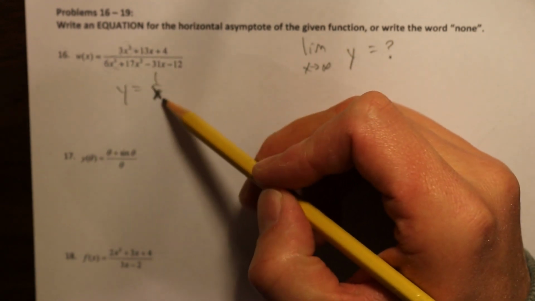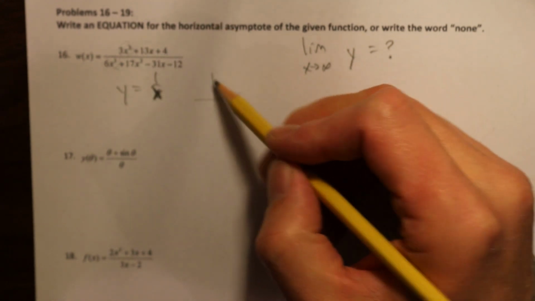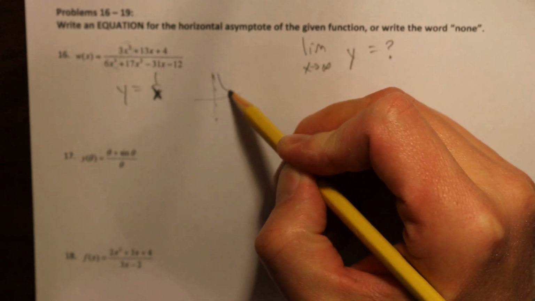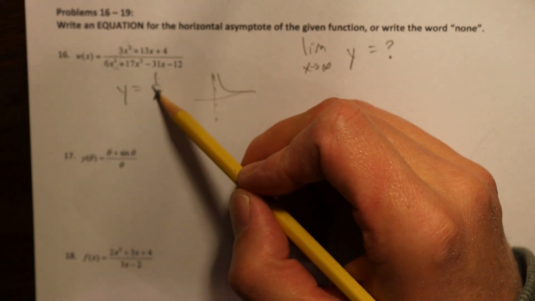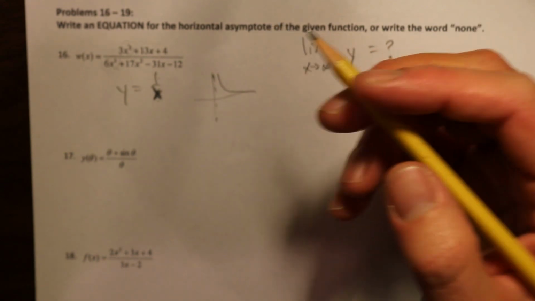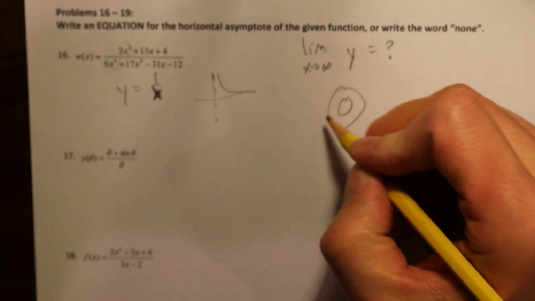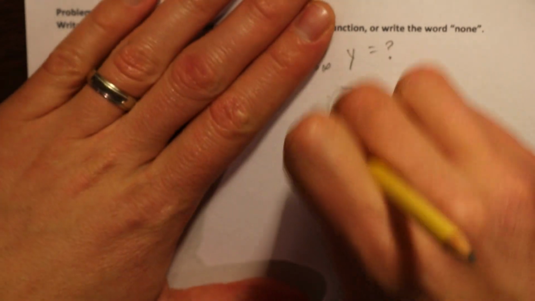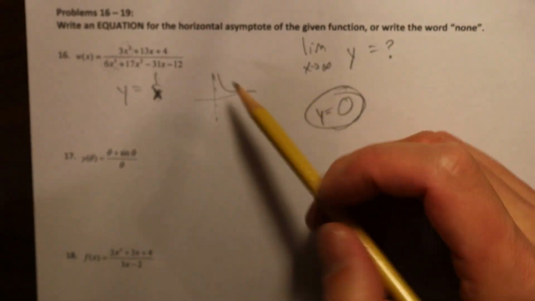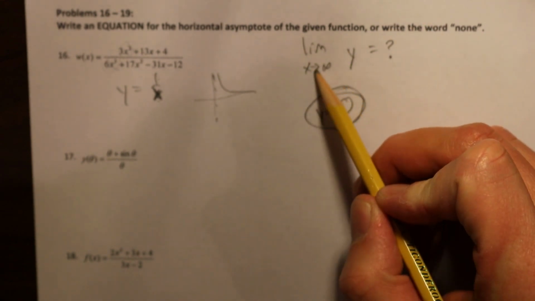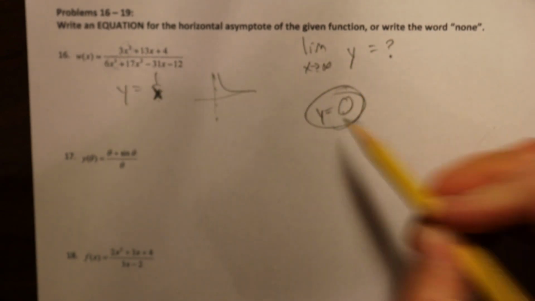And if you know anything about what the graph of this looks like, as x gets really large, you're going to be taking 1 divided by a billion, 1 divided by a trillion. You're basically getting 0. So as x gets very large, the function here is approaching 0.